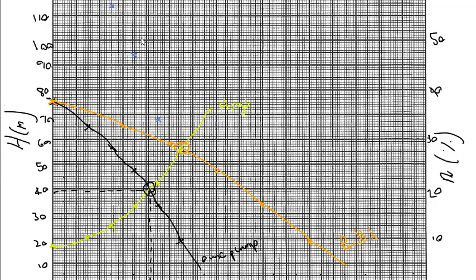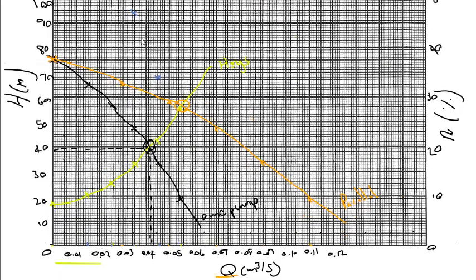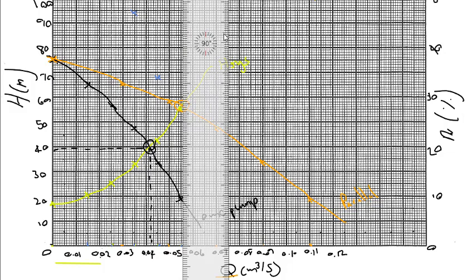And our last point would be over the 0.05 discharge mark. So let's go and find that one. It's going to be this one here. Let's use our ruler again. So it's going to be over this one.